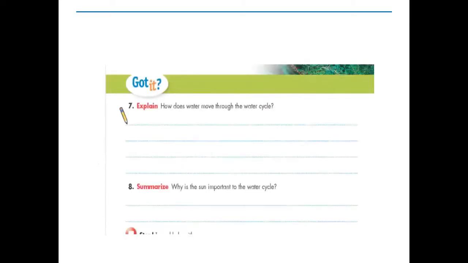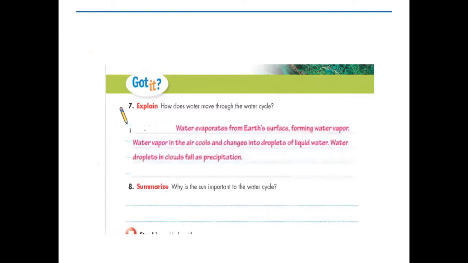Now, the key question: how does water move through the water cycle? Water evaporates from Earth's surface, forming water vapor. Water vapor in the air cools and changes into droplets of liquid water. Now, what happens to the water droplets?